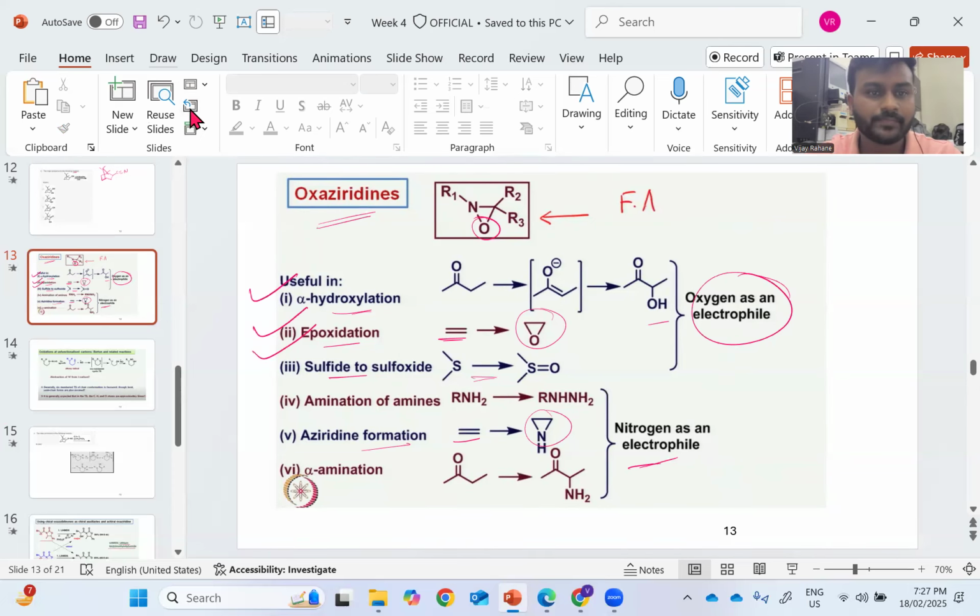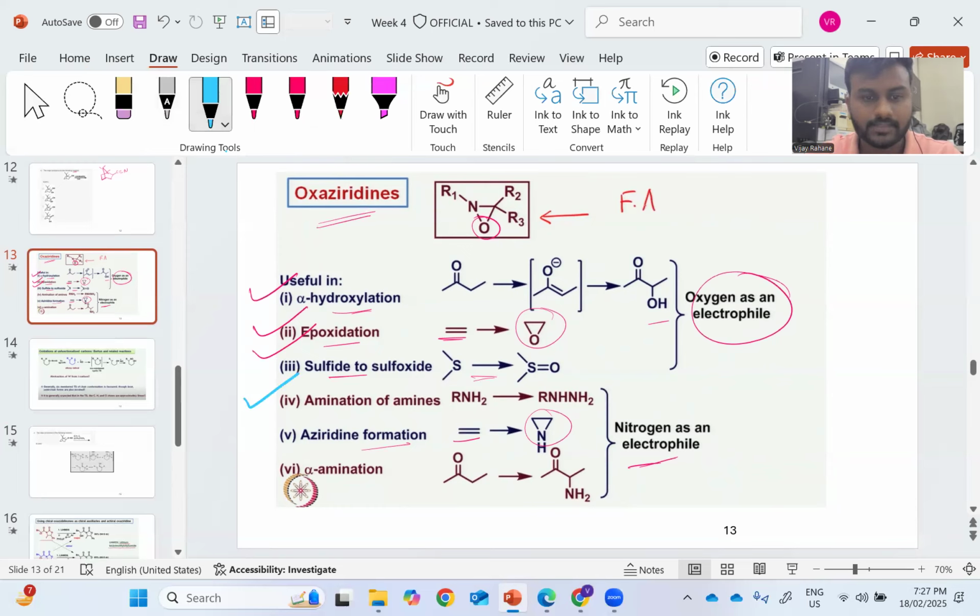And the electrophilic nitrogen can also be used for the formation of N-N bonds, amine to hydrazine. Also aziridine formation from the alkene, and also the alpha amination reaction of ketone to alpha amino ketone.